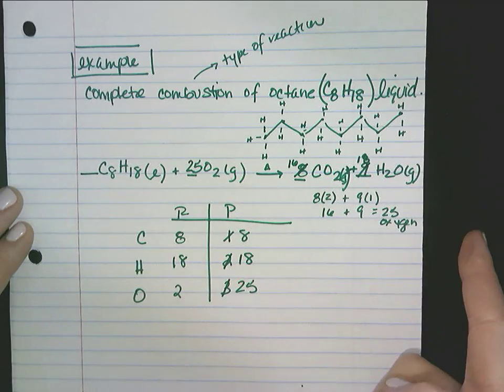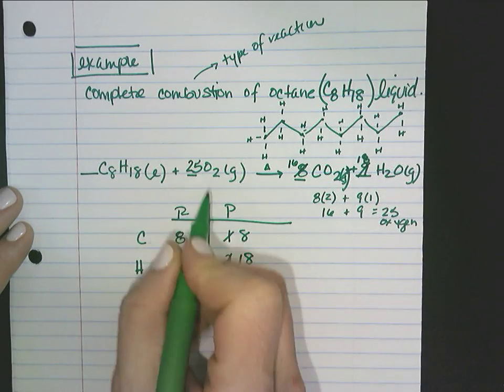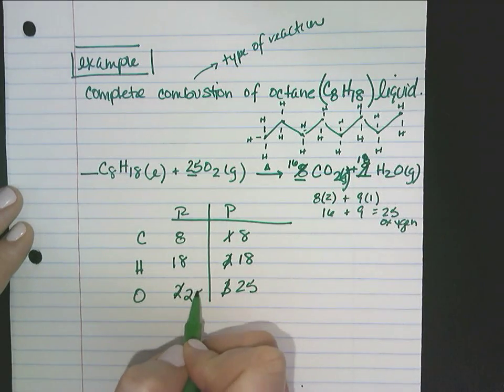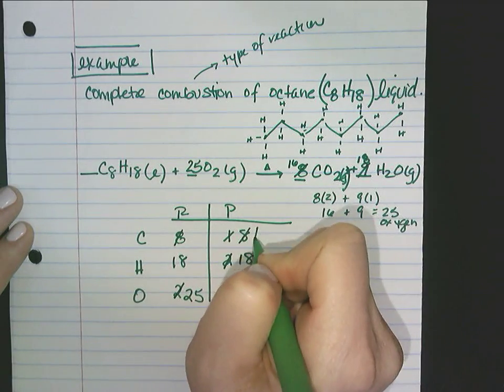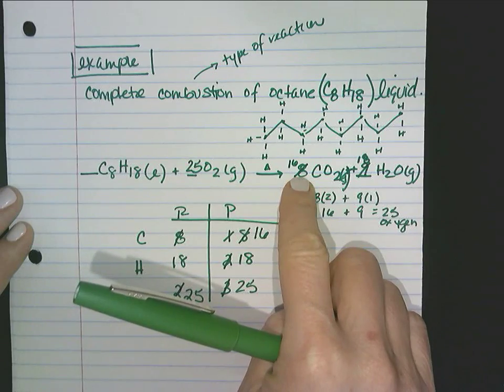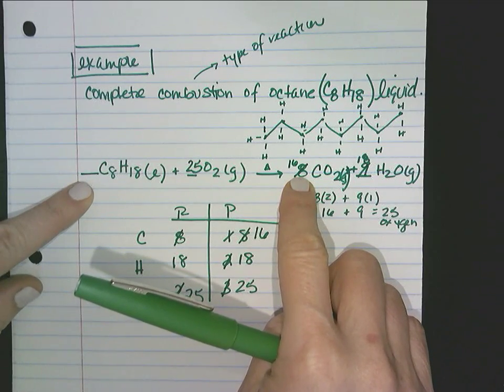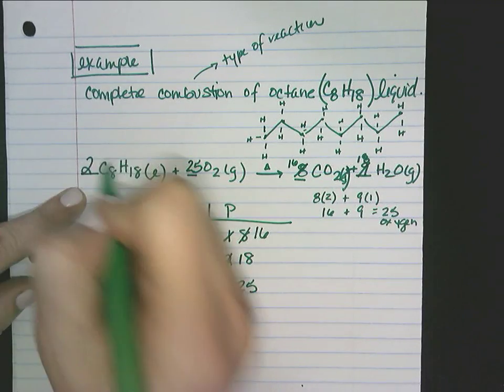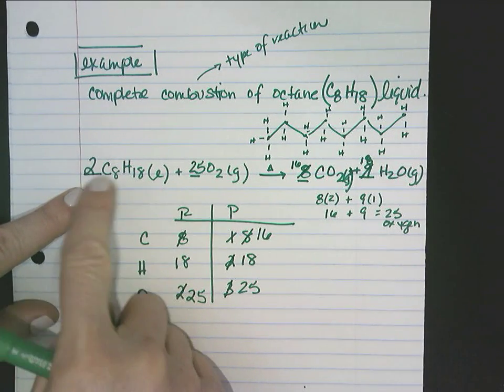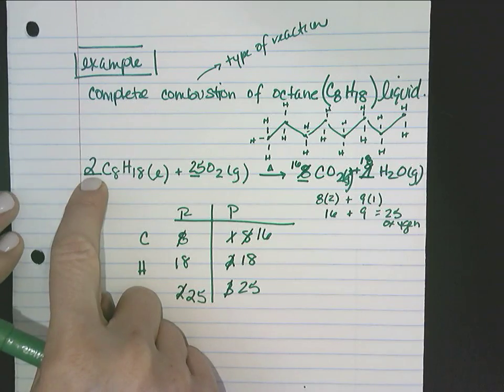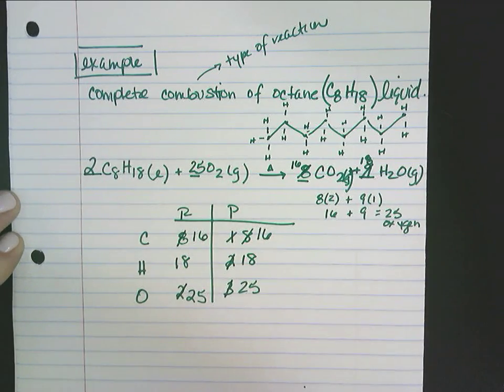and let's see what it does. So now we have 25 here, but now we have 16 carbons on the right side. To get 16 in the reactants, we'd have to put a 2 in front of the C8H18. So we have 2 as the coefficient. So now we have 16 here.